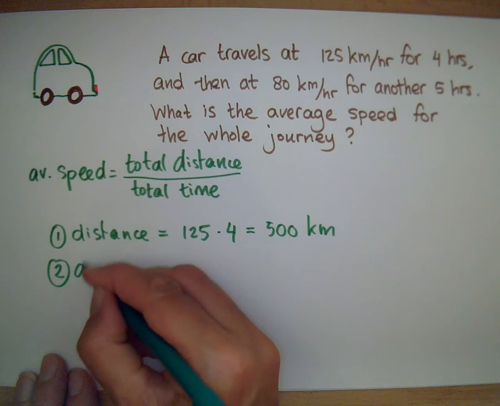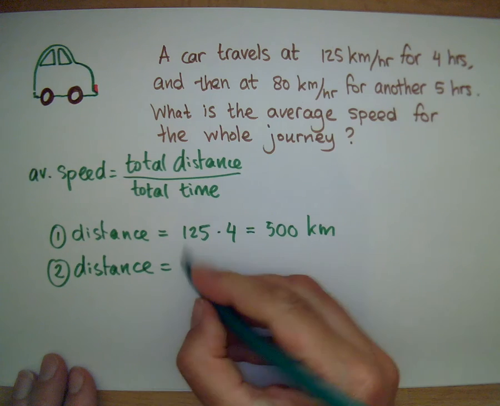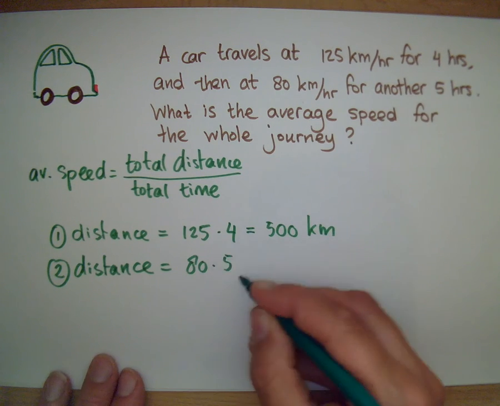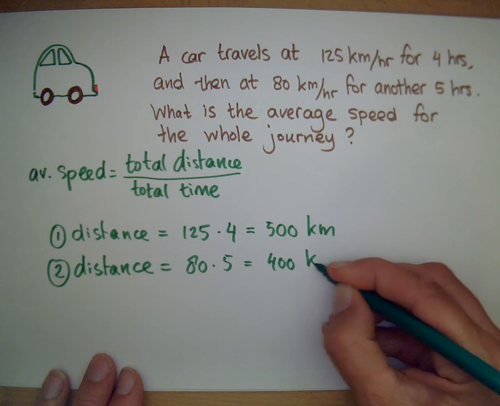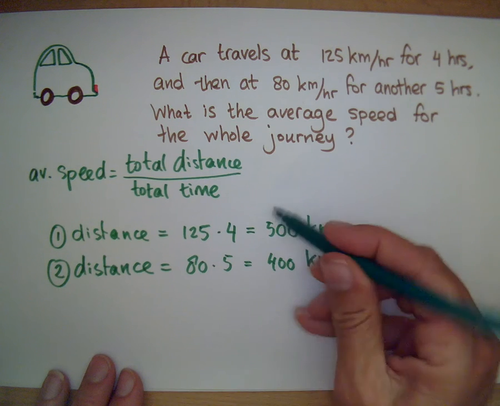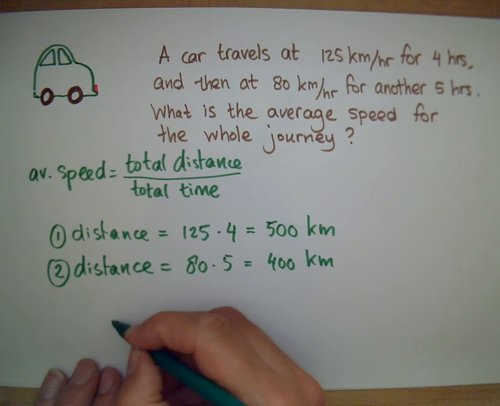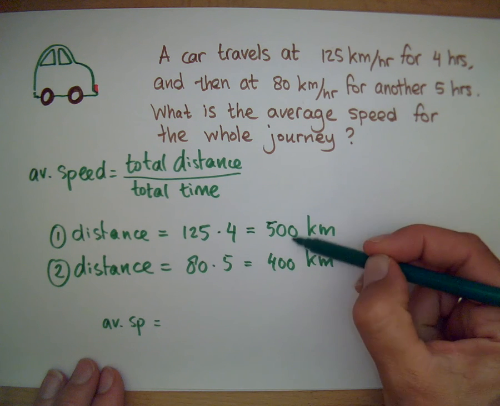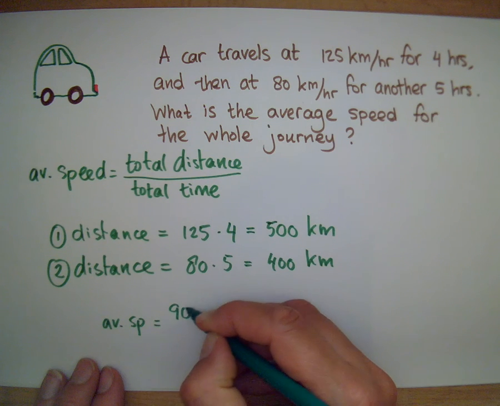Second part of my journey, the distance I traveled was my speed, 80, times how long I went 80. It's 5 hours. That is 400 kilometers, right? First part of my journey, I traveled 500 kilometers. Second part, I traveled 400 kilometers. So average speed is the total distance, which is 500 plus 400, 900 kilometers.